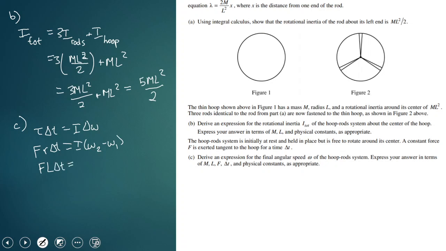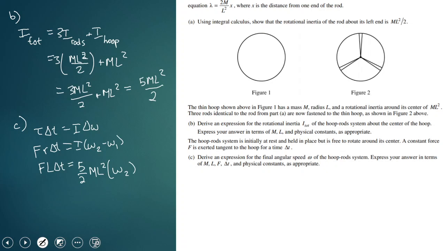And so we know that F L delta t is equal to I. Now our I was 5 over 2 m l squared, and then our omega 2 is what we're finding because that's the final, and our omega 1 was 0 because our system was at rest initially. So I just have omega 2.